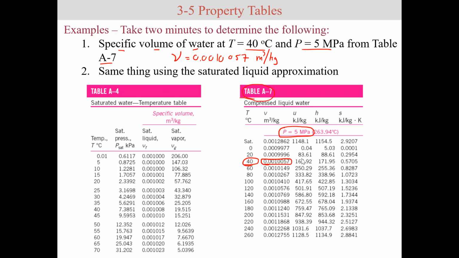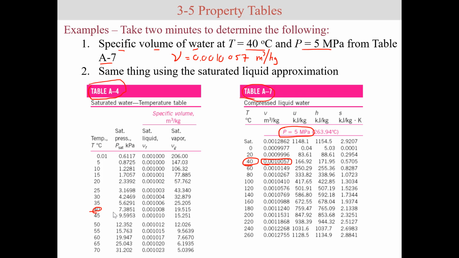Now, let's try that same thing using the approximation that we just went over. Go to table A4, which is the temperature-based saturation table for water. Let's go down to 40 degrees.